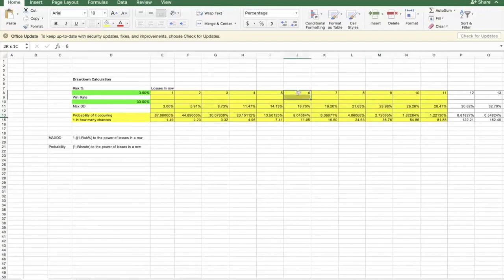Even look at the 6 consecutive losses, there's almost a 10% chance that your strategy will result in that. So you want to make sure that you use this calculator. You want to make sure that you tame your psychology and adjust your expectations. You don't want to expect that everything is a 100% win. In fact, earlier in this video, I talked about how you can't even lose 100% of the time.